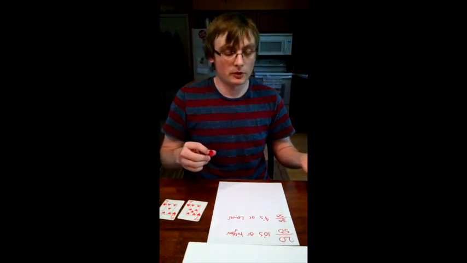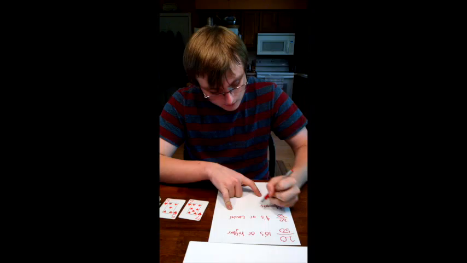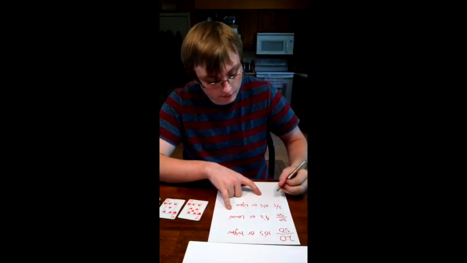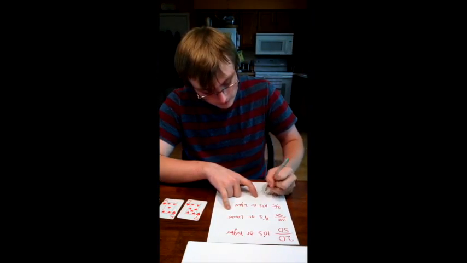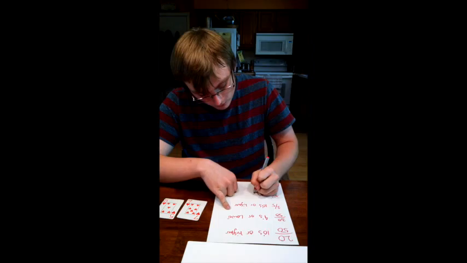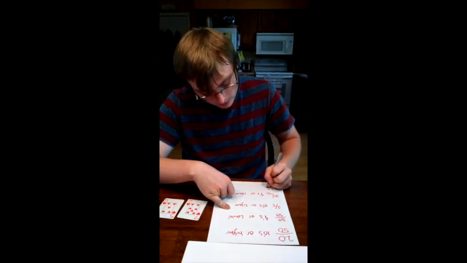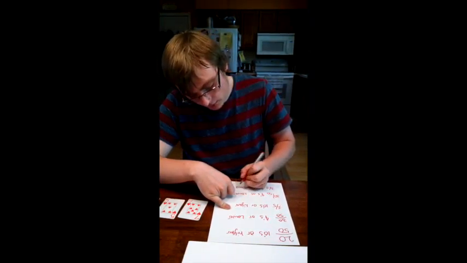We can then simplify both of these down: 2 over 5 for 10s or higher, and 30 out of 50 for 9s or lower simplifies down to 3 over 5.